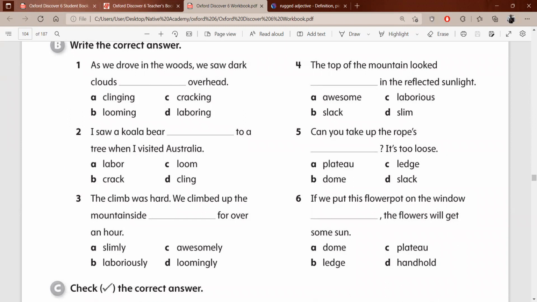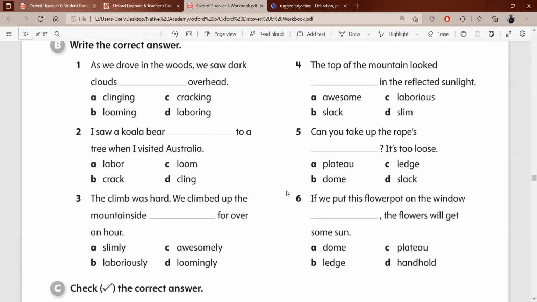Number 2, I saw a koala bear clinging to a tree when I visited Australia. Okay, and what is the meaning of cling? Cling means climb.